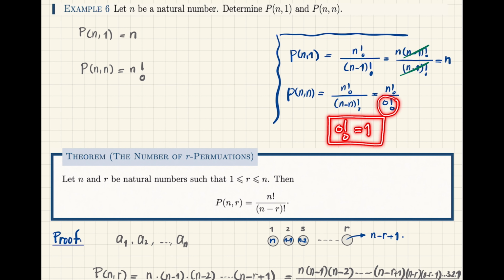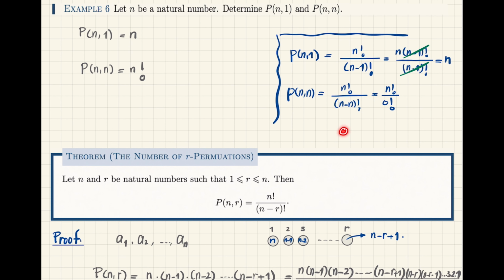It was a little bit strange. Do you remember when I wanted to talk about factorials, I defined 0 factorial to be 1. Okay, and that is the reason. If we define 0 factorial to be 1, then I don't need to separate cases here. I would say that this also works for the case where r is n. Otherwise, I should say that this formula is valid from 1 up to n, but not equal to n, and for r equal to n, I have another formula.